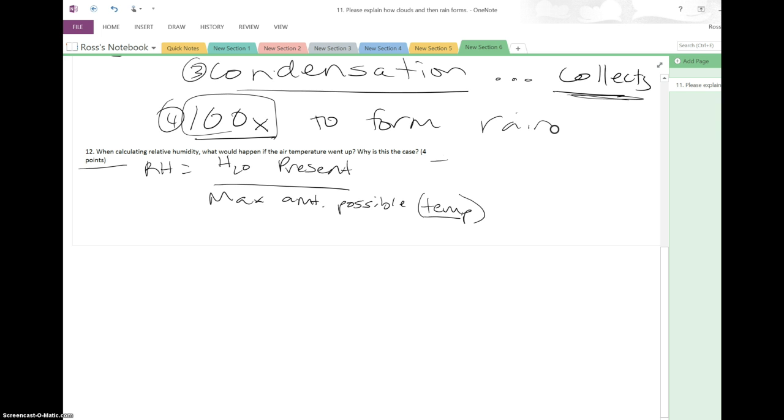And that gives us an idea for what the first option is. Remember, there are two, and that's how you get your full points. We talked about in class. Option A, if the temperature goes up, that means the denominator right here will also go up. So if the temperature increases, that means the denominator will also increase, which means the RH will go down.